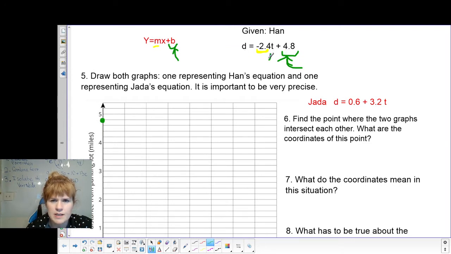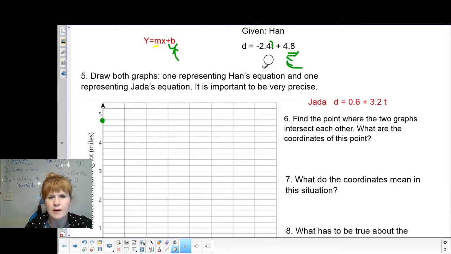Just go ahead and put in t equals 0. Do the math, and you'll see that this term here cancels out when t equals 0, and you're left with 4.8. So when t equals 0, d equals 4.8. You should be good enough at substitution by now to see that. Anyway, that's the starting point on the y-axis.